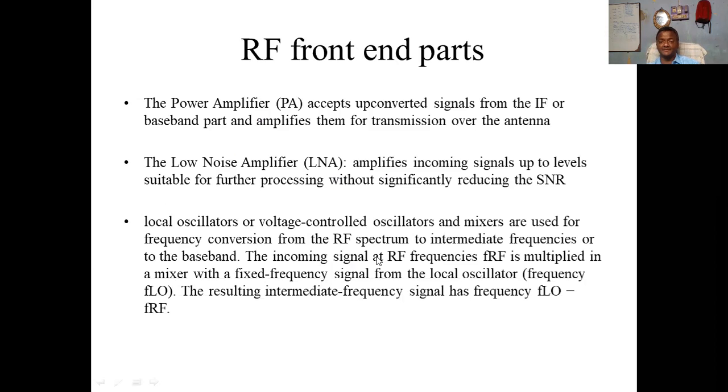So the incoming signal at RF frequency F_RF is multiplied in a mixer with the fixed frequency signal from a local oscillator. So the resulting intermediate frequency signal is F_LO minus F_RF.